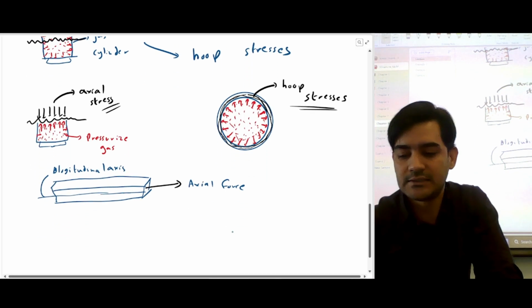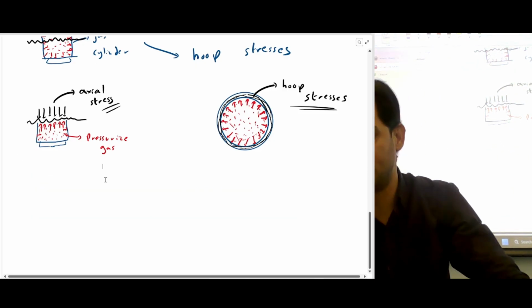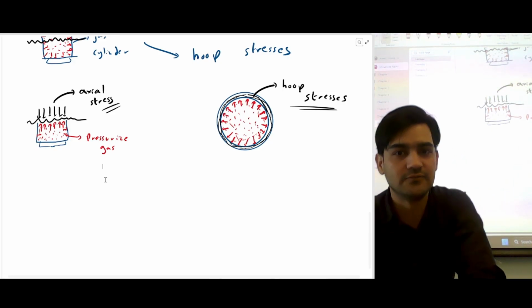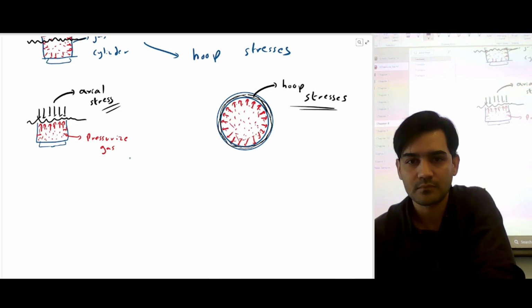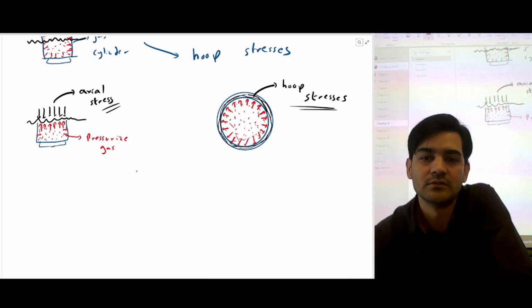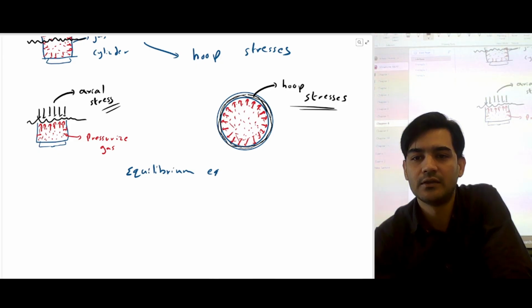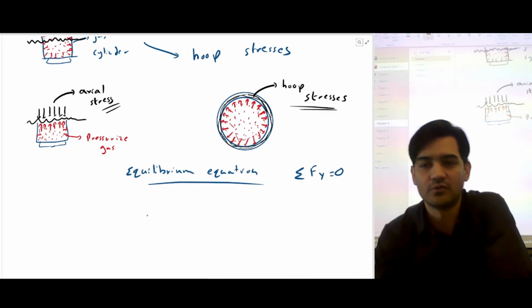But in pressure vessels, you have a special stress which is called hoop stress. Now we're gonna formulate the equations for the axial stresses and the hoop stresses which we'll use for the pressure vessels. We can develop the equations by using equilibrium equations. So basically we're going to use summation of forces equal to 0.